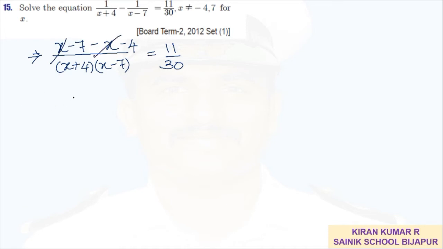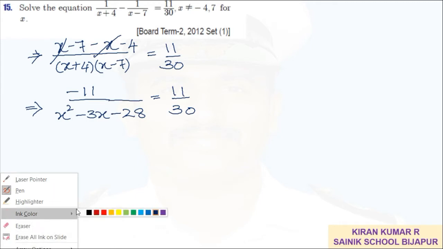Minus 7 and minus 4 will become minus 11, divided by the product, which will be x square minus 3x minus 28. If I am not wrong, this is right, equal to 11 upon 30.